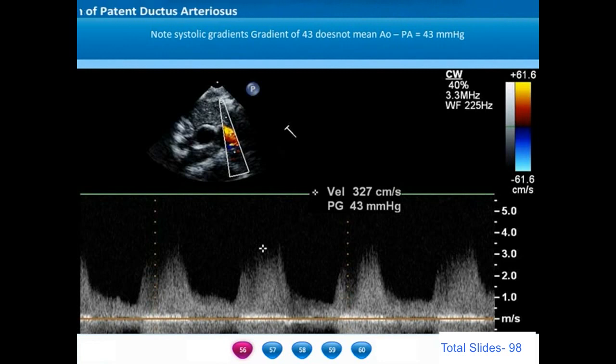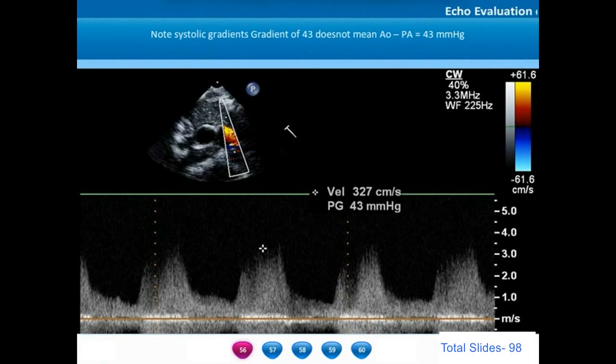This does not mean the pulmonary artery systolic pressure is around 43 millimeters of mercury lower than the aortic systolic pressure. Whenever there is a large flow through a ductus arteriosus, the high velocity of the flow is going to cause a high gradient recorded with continuous wave Doppler.